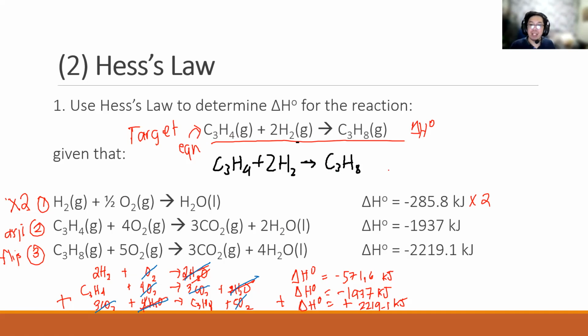Okay, this is my target equation. With this in mind, or with that given equation, we can now calculate the delta H. So just add them. So what will be the value for this? So it's literally just a sum: negative 571.6 plus negative 1937 plus 2219.1.